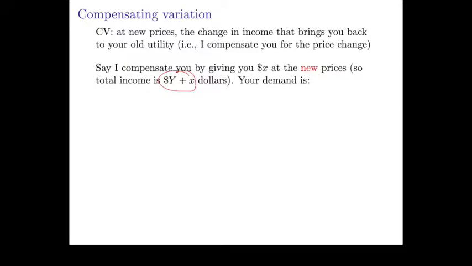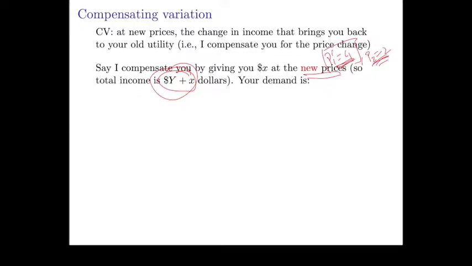Well, what's your demand going to be? Remember, we're looking at the new prices. The new prices, P1 prime equals 4, P2 equals 2. So since it doesn't matter what your income is, because this guy has perfect substitutes utility, whenever the price of good 1 is higher than the price of good 2, you don't buy any of good 1, you buy only good 2.